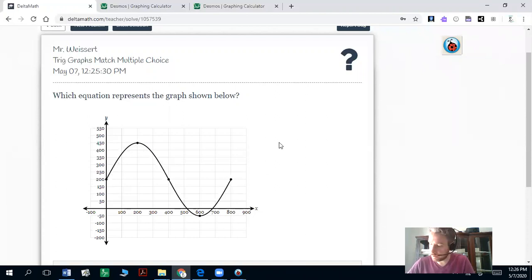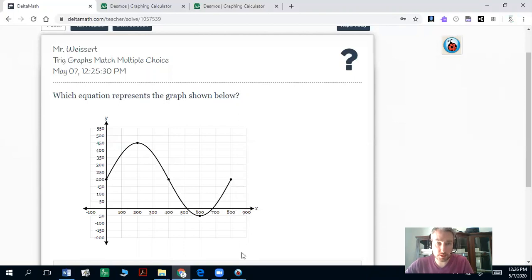So midline starts at 200, goes up to 450. So that's an important number. And it goes down to, looks like negative 50. And then it ends at the x value of 800.